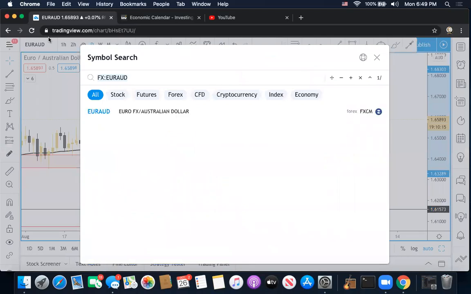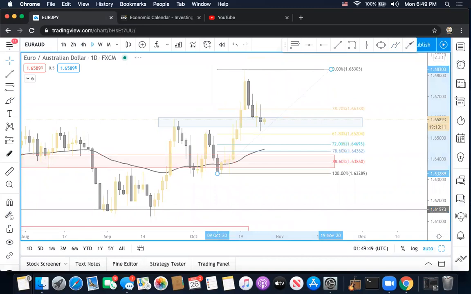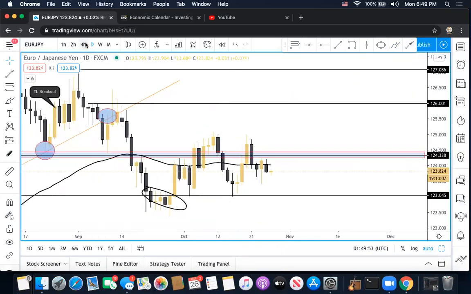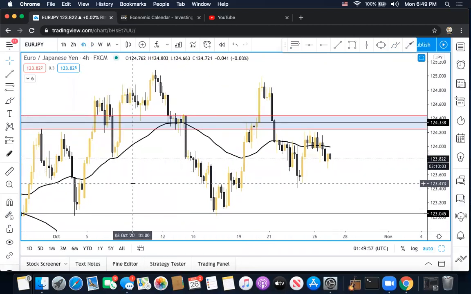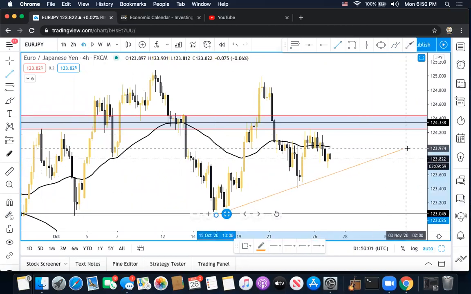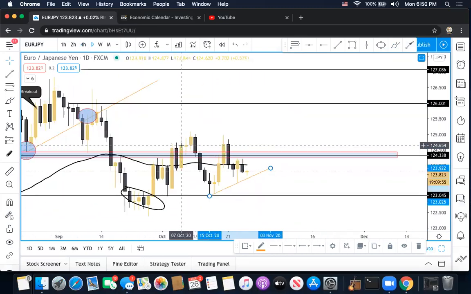All right, the last pair I'm going to be looking at is Euro JPY. You could possibly draw a trend line from this low here, like that. Let me go back to the daily.